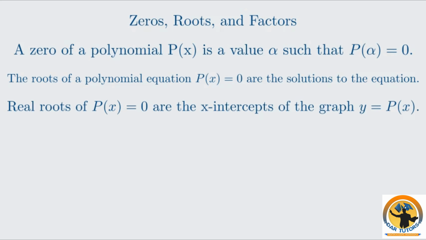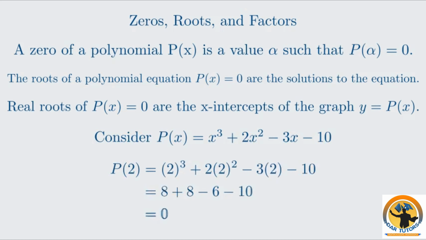Let's look at an example to make this concrete. Consider the polynomial p of x equals x cubed plus 2x squared minus 3x minus 10. Let's evaluate this polynomial at x equals 2. We substitute 2 for x: 2 cubed plus 2 times 2 squared minus 3 times 2 minus 10.